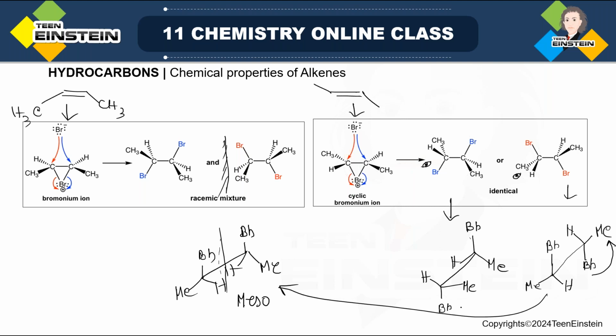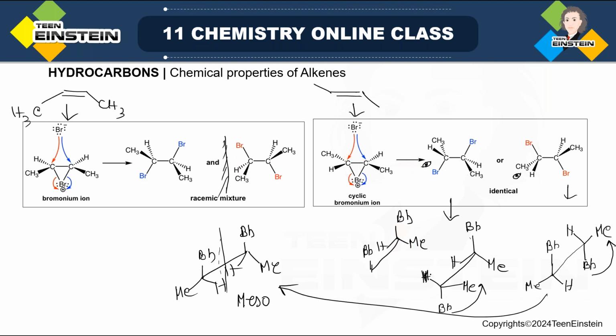And the same thing you can also do from the other molecule. If you rotate this front carbon, keeping the back carbon the same. So back carbon I am not disturbing, and the front carbon, now Br is up. H, methyl. Let me check once more.